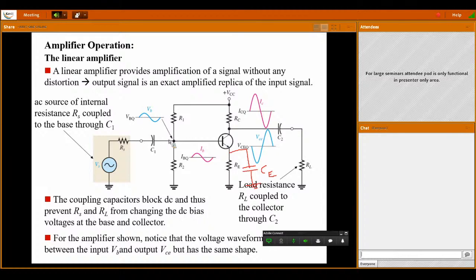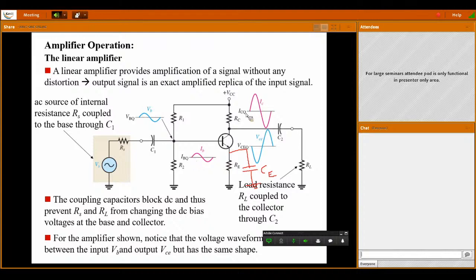Then if I am applying that voltage, obviously we have the base current. AC current IB, where the DC current IBQ is the quiescent operating base current. So the AC current is superimposed on the quiescent base current.